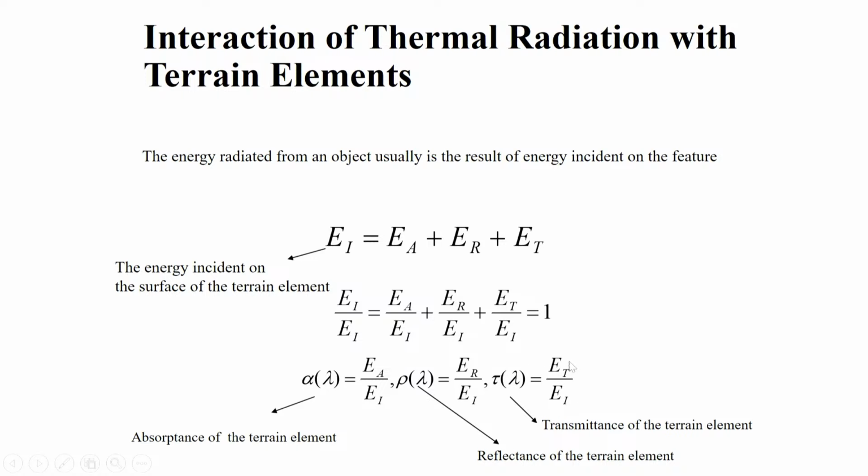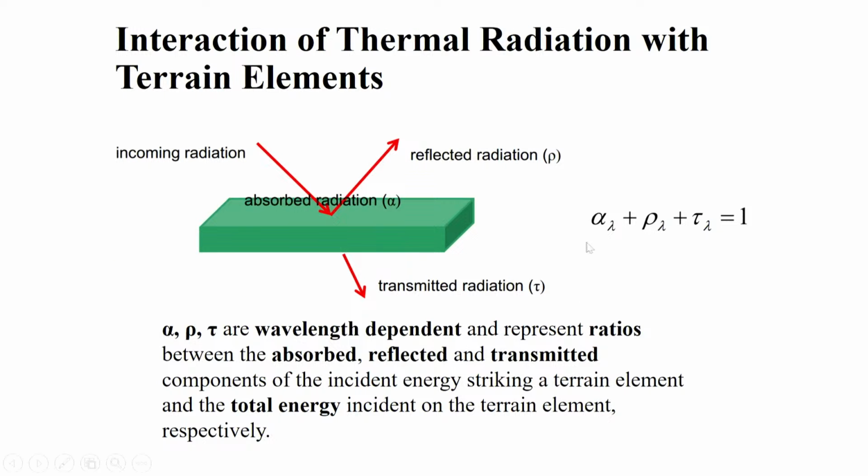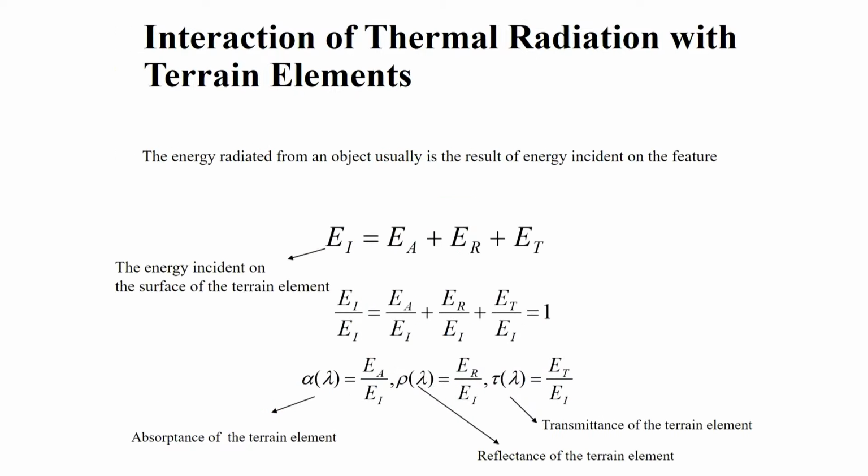This tells about the potential of the surface to transmit the incoming radiation. It is the ratio between transmitted energy and the incident energy. So the absorptance plus reflectance plus transmittance will be equal to 1.